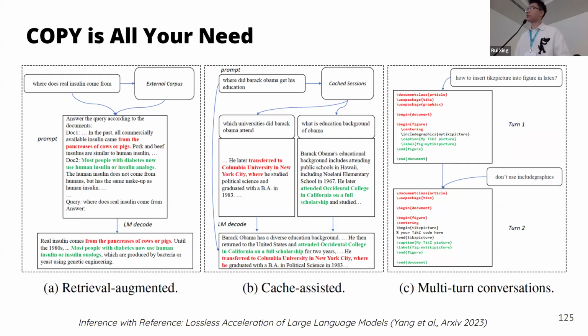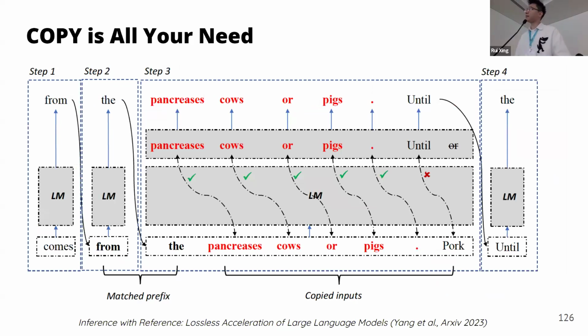And in other scenarios, such as cache assistant dialogue and multi-turn conversation, we can also find some input that has a high similarity to the output. And in these scenarios, we do not need an extra drafting module. We just copy the text spans from the input to the output if we find some matched prefix.